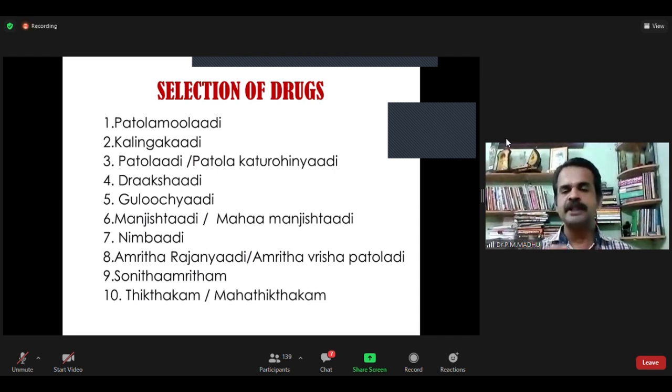We are very scientific people, and we have to identify the patient in a scientific way and connect the diagnostic principles with the treatment principles. If you are moving with a scientific background, then we can treat the patient in a scientific manner. You see, these are the basic principles behind the selection of drugs.